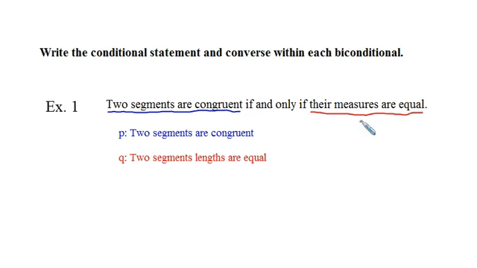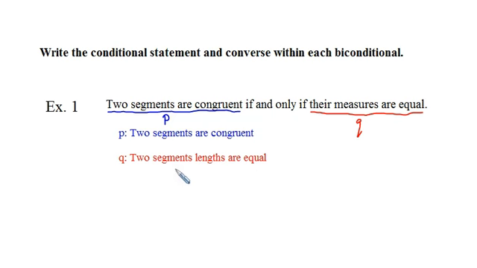And these are our P and Q statements here. The P statement: two segments are congruent. The Q statement: two segment lengths are equal. You'll see those combined on either side of the if and only if statement.